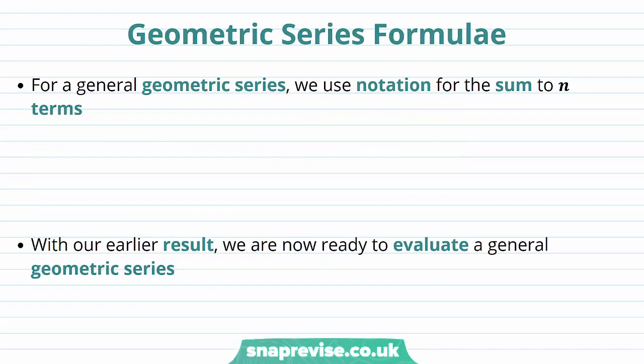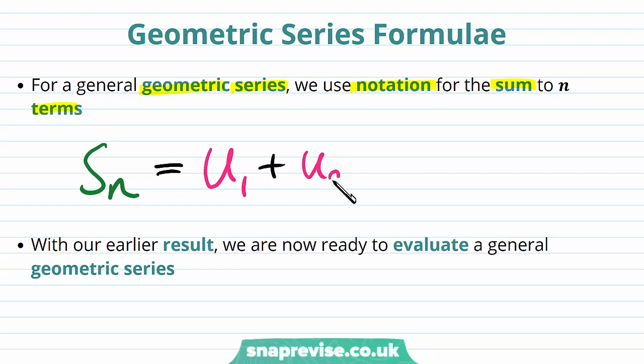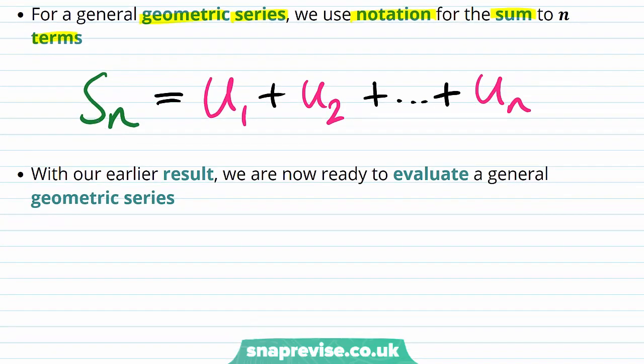So how can we determine the geometric series formulae? For a general geometric series, we use notation for the sum to n terms. We write S subscript n is equal to the sum of the terms. We write them as u1 plus u2 all the way up to the nth term un.